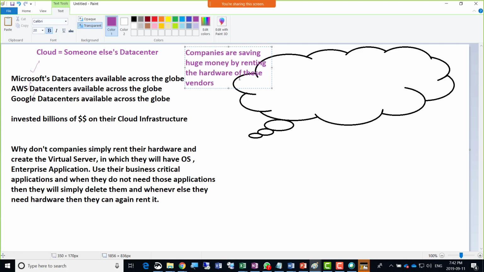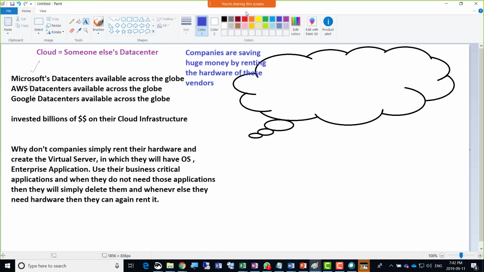So if companies are saving millions, why not use these? But the companies will say, hey, yes, that's okay, I can rent your hardware, I get the idea. I'll pay you some, and then when I don't need it, I will just remove my data there. But what about security, right?